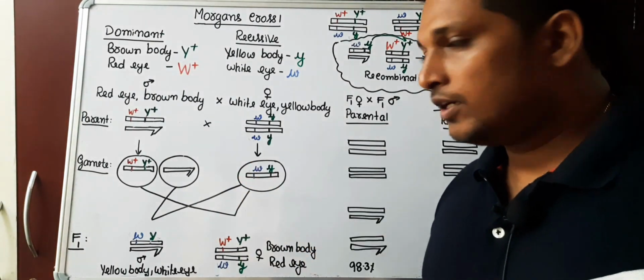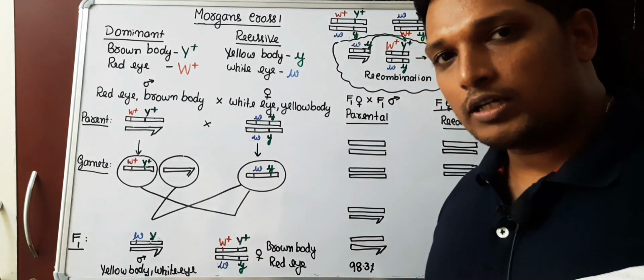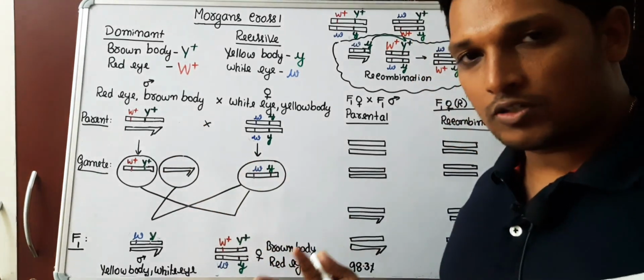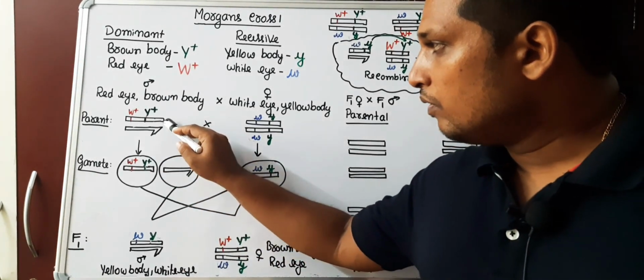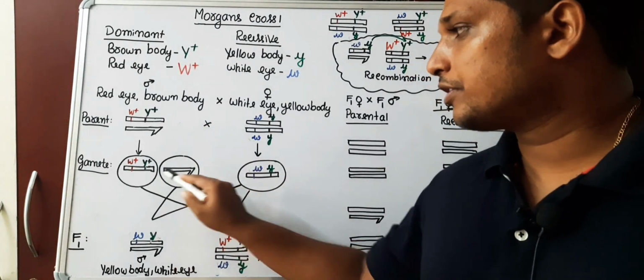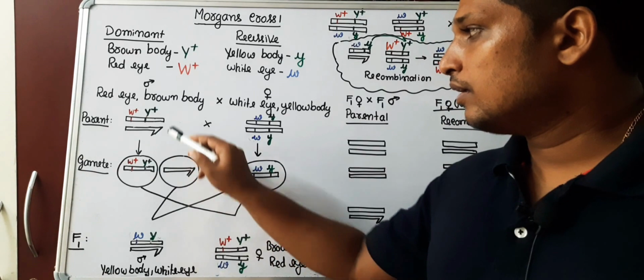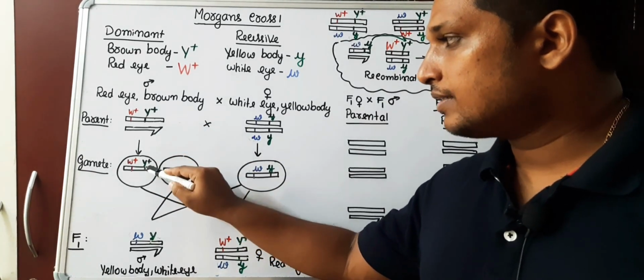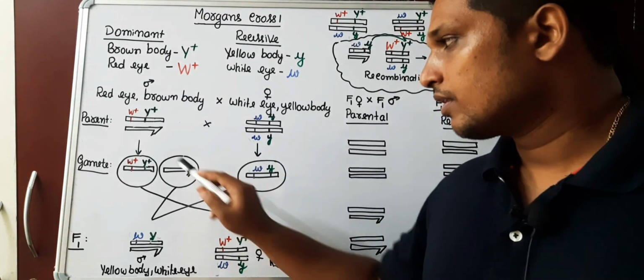Now he crossed between these two and he got F1. Based on the result, he is giving these crosses. Now its gametes. The male will produce two types of gametes because males have two types of chromosomes, X and Y. Gametes are formed through meiosis.